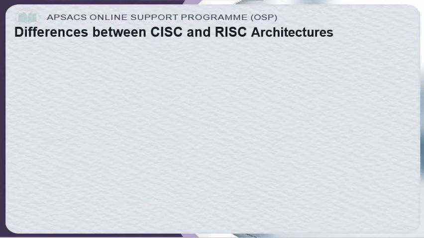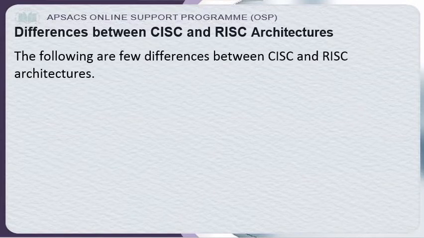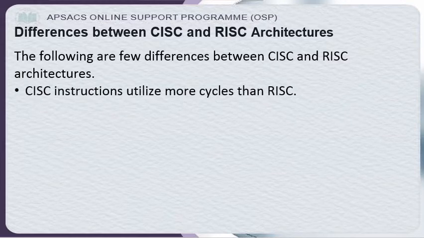So let's discuss differences between complex instruction set computer and reduced instruction set computer architecture. So there are some following differences. CISC architecture utilizes more cycles than RISC.